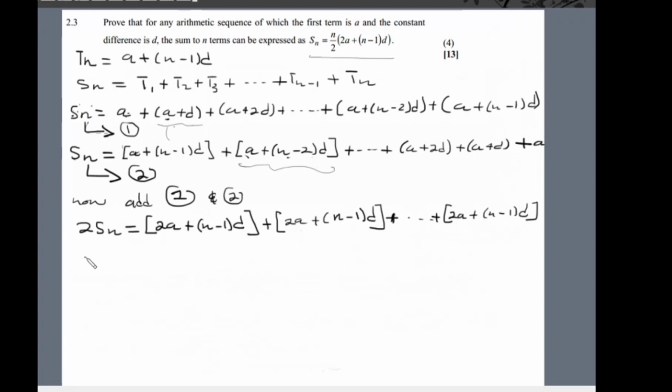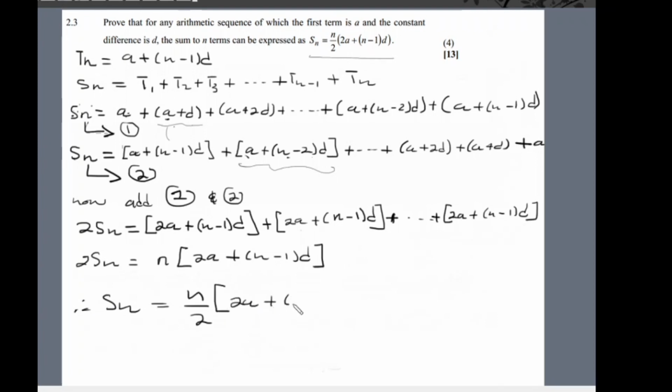So 2Sn equals n times this bracket, 2a plus (n minus 1)d. Therefore Sn equals n over 2 times (2a plus (n minus 1)d). So it's totally 4 marks for knowing the proof of Sn.